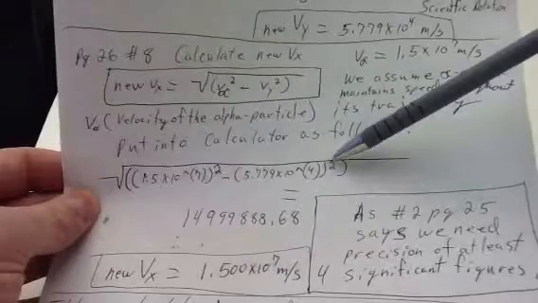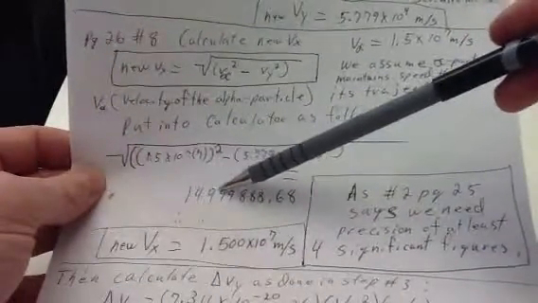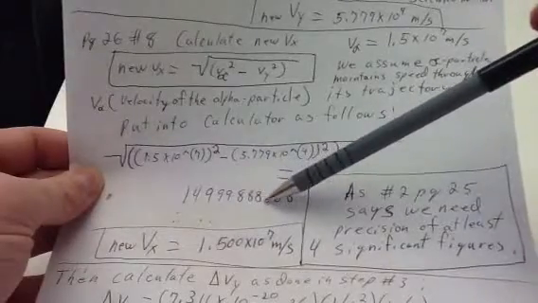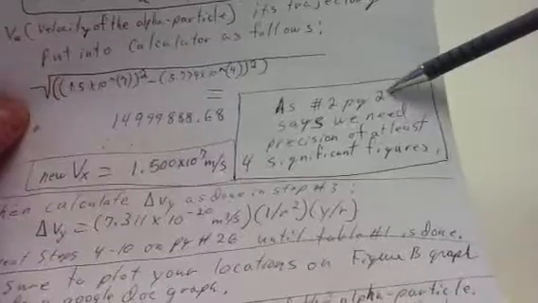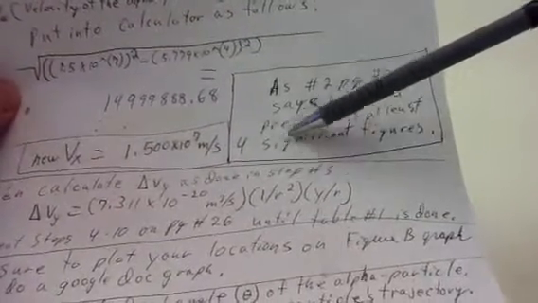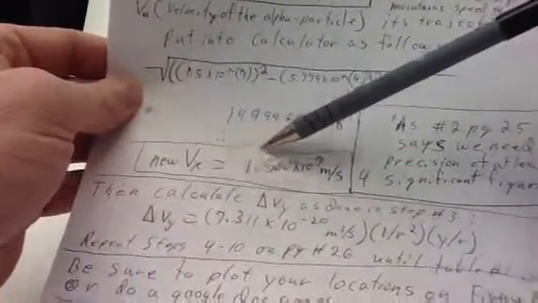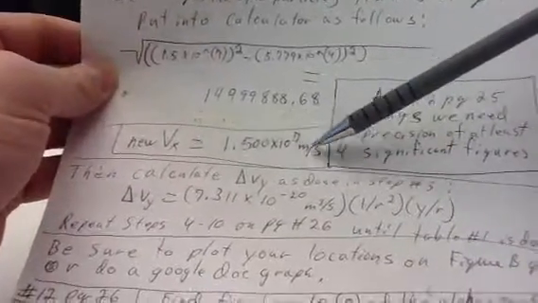Make sure you watch your parentheses. And then you come up with an answer like this: 149998888.68. Okay. So as number 2, page 25 says, we need to go to the precision of at least 4 significant figures. Therefore, the new Vx equals 1.500 times 10 to the 7th meters per second.